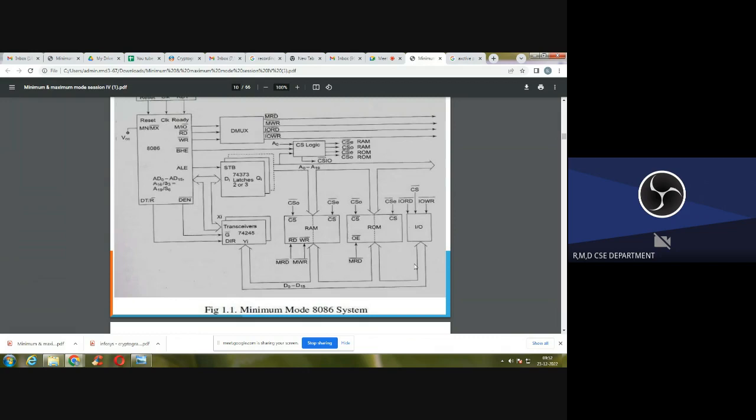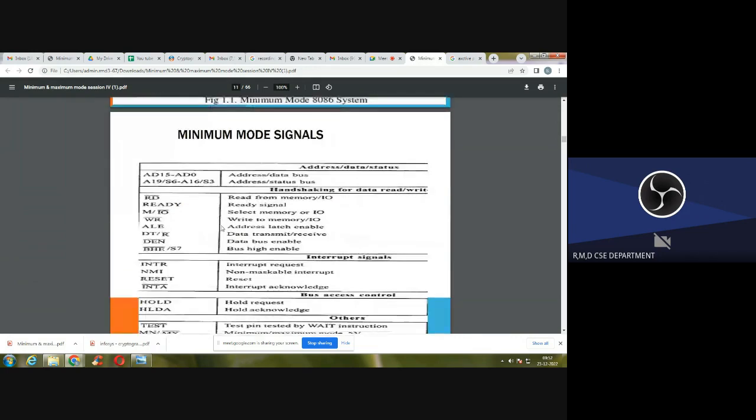This is the block diagram of the minimum mode 8086. From this we have discussed the 4 components.